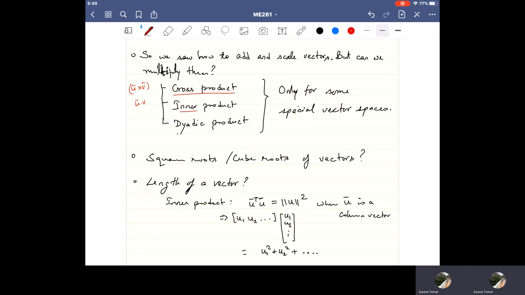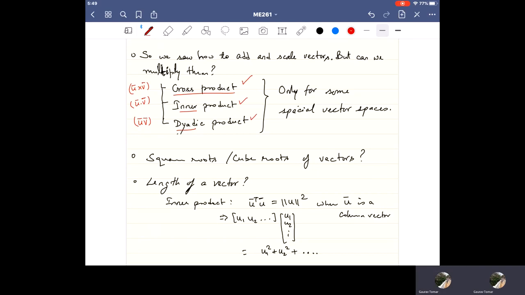Or a dyadic product, where you take one vector and do a dyadic product with the v vector, and you get something like a second order tensor if u and v are first order tensors, or just vectors, right? So you have three kinds of multiplications. The first takes two vectors and gives you a vector. The inner product takes two vectors and gives you a scalar. And then you have the dyadic product, where you take two vectors and get a second order tensor, right?